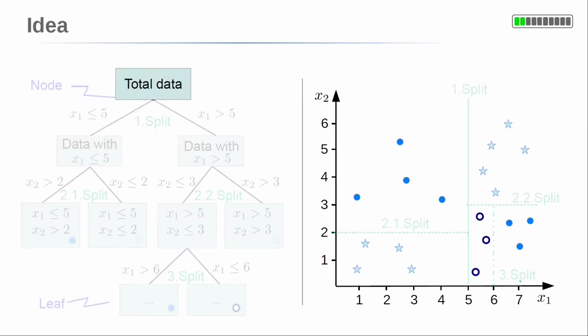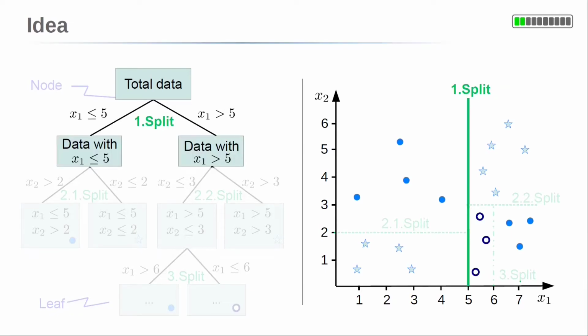Let's go into the details of this example. We start with the entire given dataset, which is used as training data to build the decision tree. The first question was: is the value of the variable x1 greater than 5 or not? The answer to this question splits the feature space of the two independent input variables x1 and x2 into two parts.